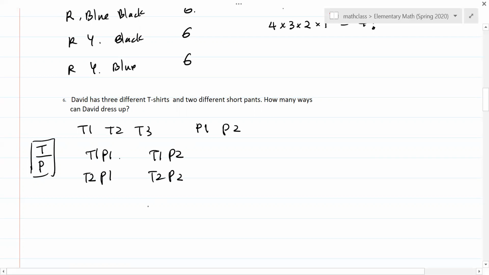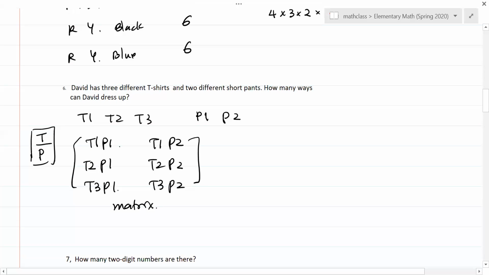You have 2 choices. And similarly, if you pick up the third t-shirt, then you have 2 combinations with the pants. In mathematics, we call it a matrix, a matrix of combinations here. So how to count them?